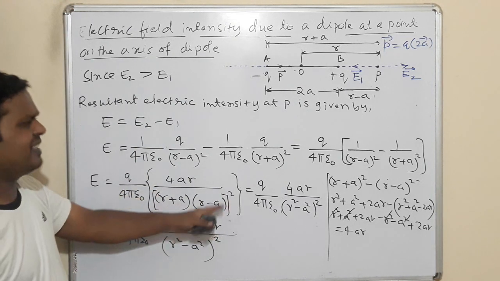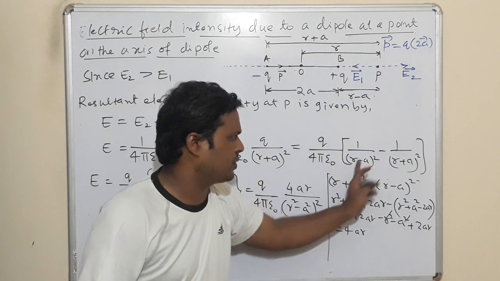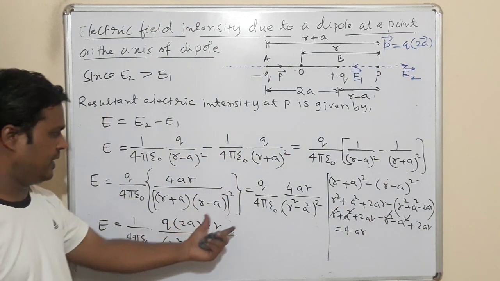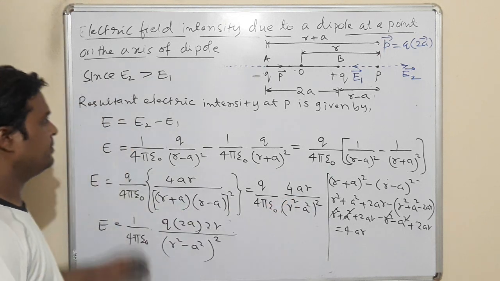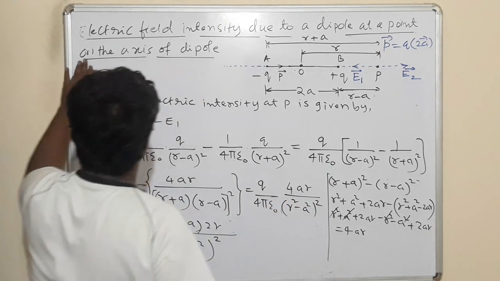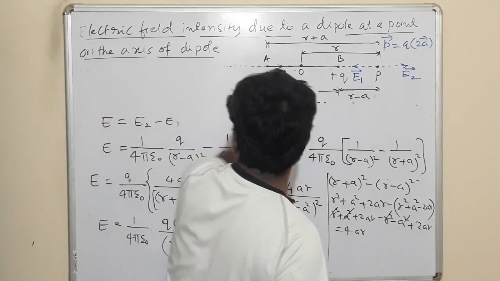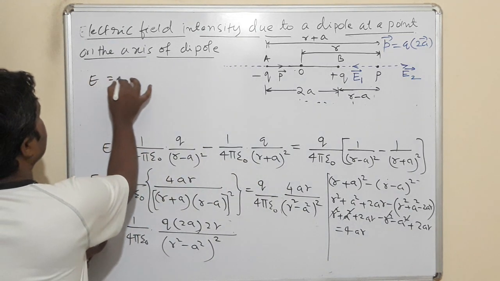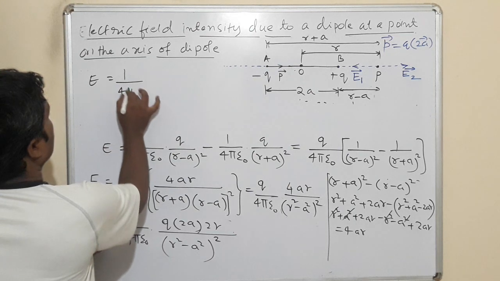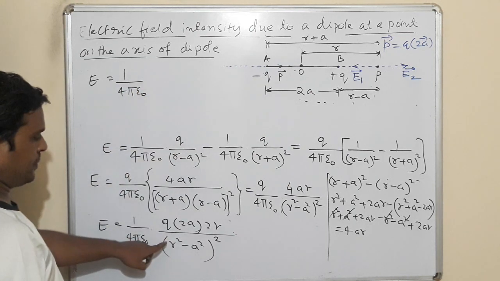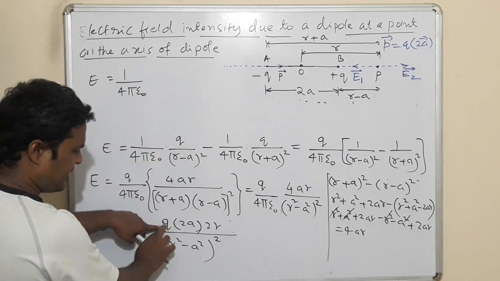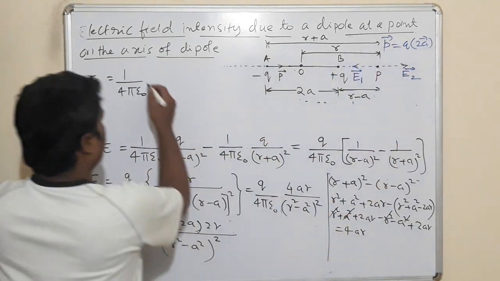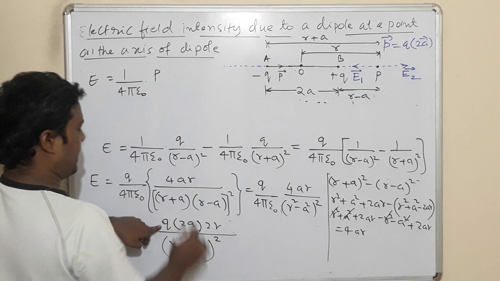You understood this? A simple calculation: r plus a whole square minus r minus a whole square will be 4ar, and r plus a into r minus a will be r square minus a square. Then the net field, finally, E will be equal to 1 by 4 pi epsilon naught. What is Q into 2a? Q into 2a is P, in magnitude I will take, not direction.